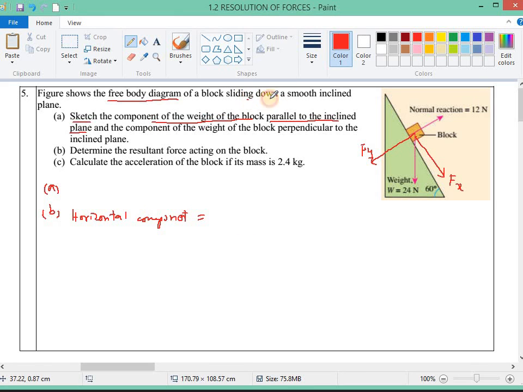It says smooth inclined plane. That means no friction. So this horizontal component will be totally equal to the x component of the weight.